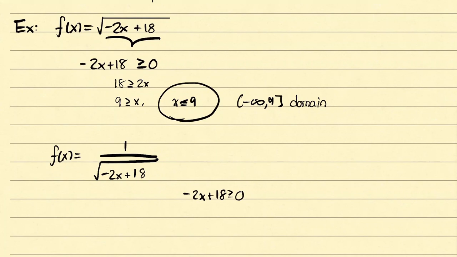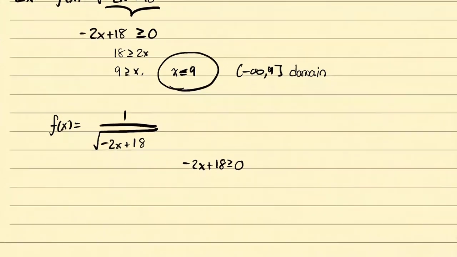The square root of 0 is 0, and if I did that, it would be division by 0. So instead of this inequality being greater than or equal to 0, I'm going to make it strictly greater than 0. And you're going to do the same thing and say this is strictly less than 9. So this domain is negative infinity to 9, not including 9.